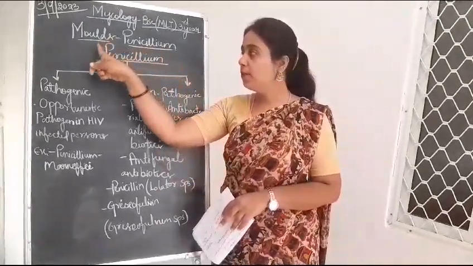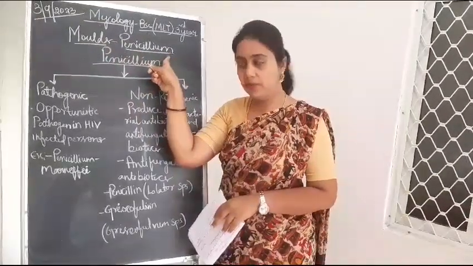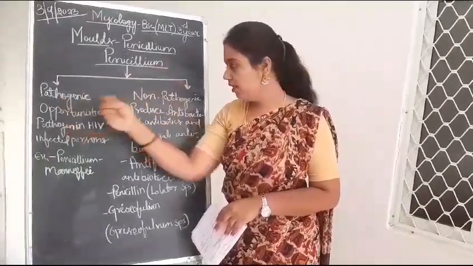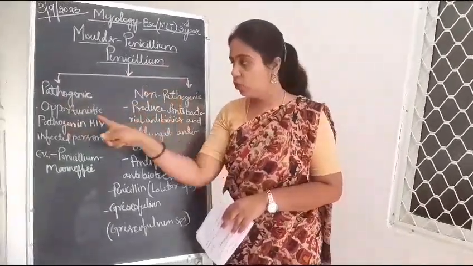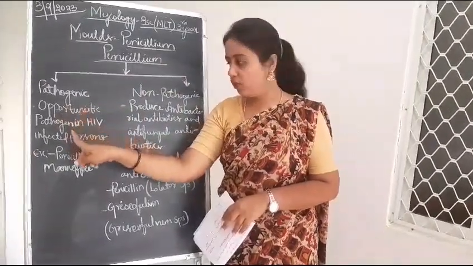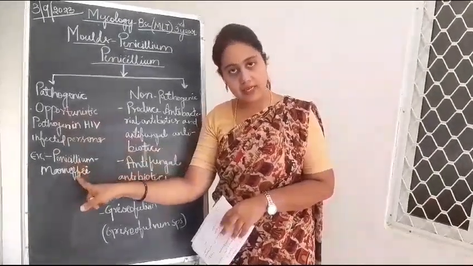So moulds, yeah, we are going to see penicillium. So penicillium, we have two types, pathogenic and non-pathogenic fungi. So coming to the pathogenic fungi, it's an opportunistic pathogen in HIV infected persons. Example is Penicillium marneffei.